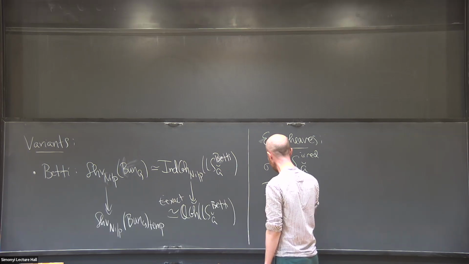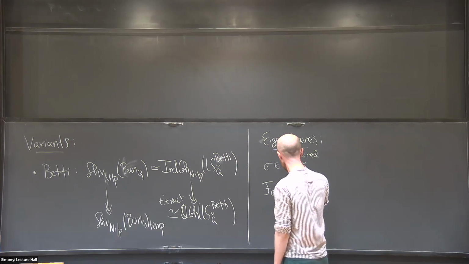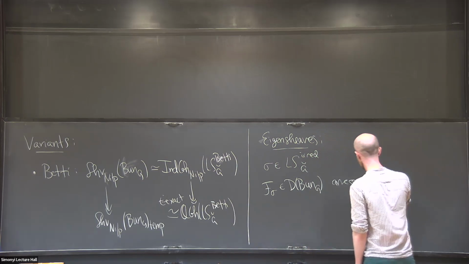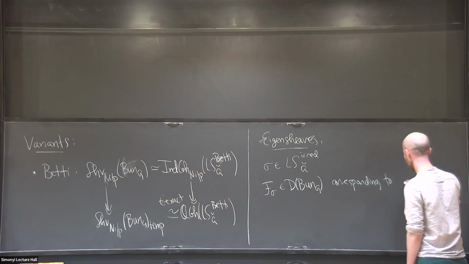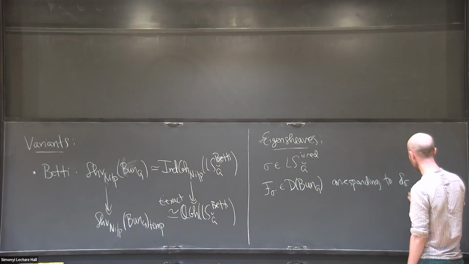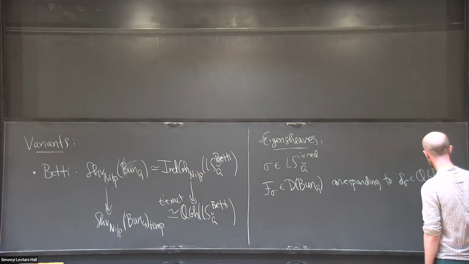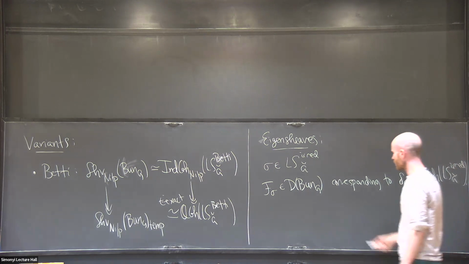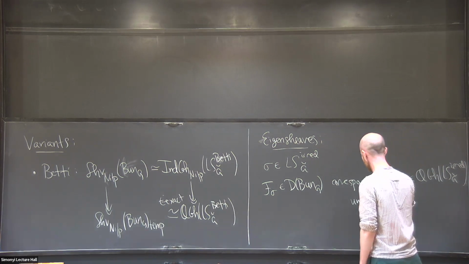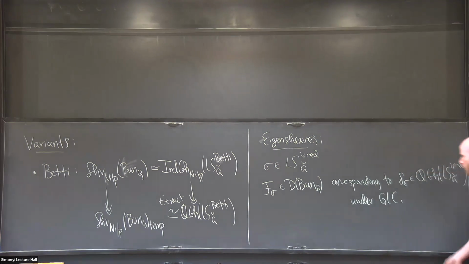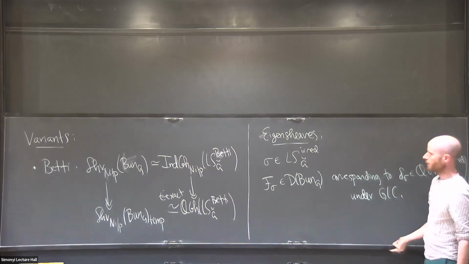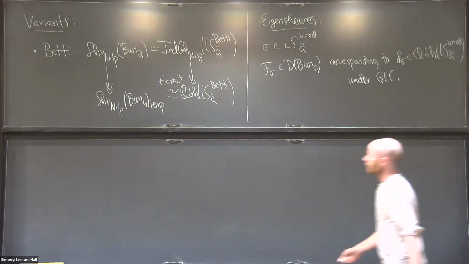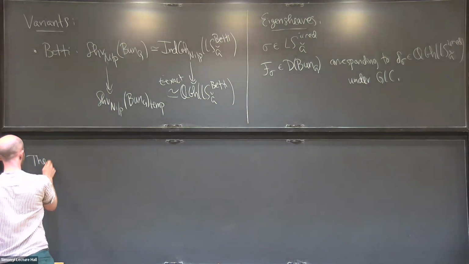And take F sigma in this category of D-modules on Bun G to be the object corresponding to the delta sheaf at sigma under geometric Langlands, call it GLC. So then the following results are known.